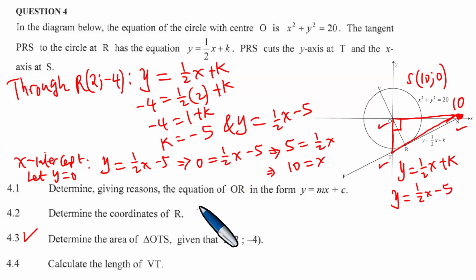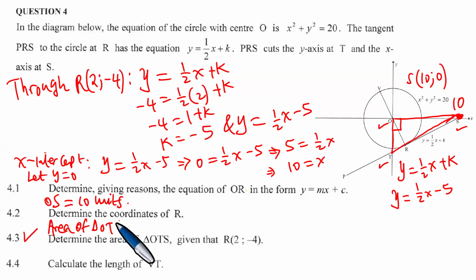So it is telling us in a nutshell that OS, this is O and that is S here, is 10 units. So then we want to find the area of triangle OTS.